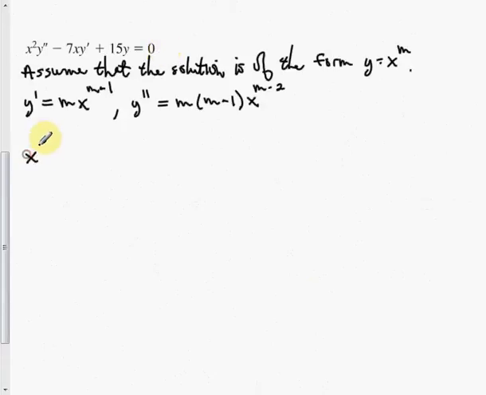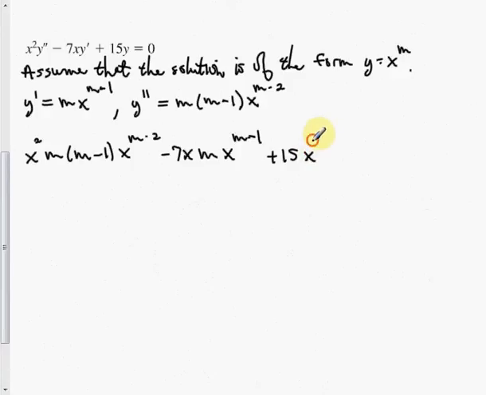So we have x squared times y double prime, that's m times m minus 1 times x to the m minus 2, minus 7x times y prime, that's m times x to the m minus 1, plus 15 times y, and y is x to the m. That's all equal to 0.